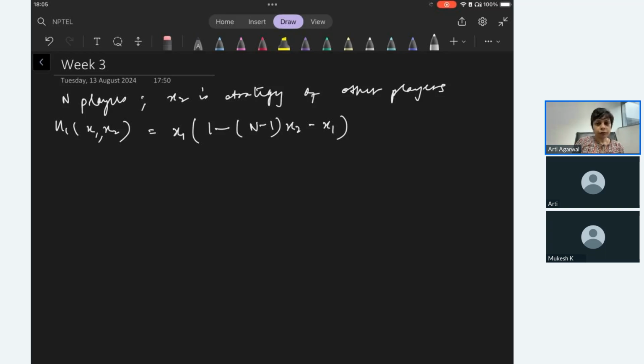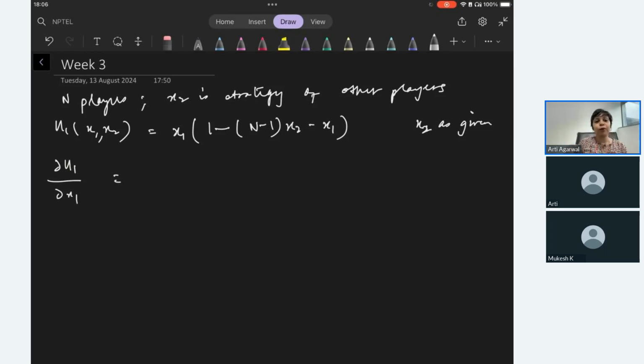This is my payoff. Now, the reason why at this stage we cannot equate X2 equal to X1 is that it would imply I'm controlling not just my strategy, but all other strategies also. At this stage, we're going to do del U1 by del X1. I'm maximizing U1 with respect to X1, which is my strategy, given X2. Here we are taking X2 as given. We are not assuming X2 is equal to X1, because that would imply I'm controlling everyone's strategy, which is not the case, because this is a game.